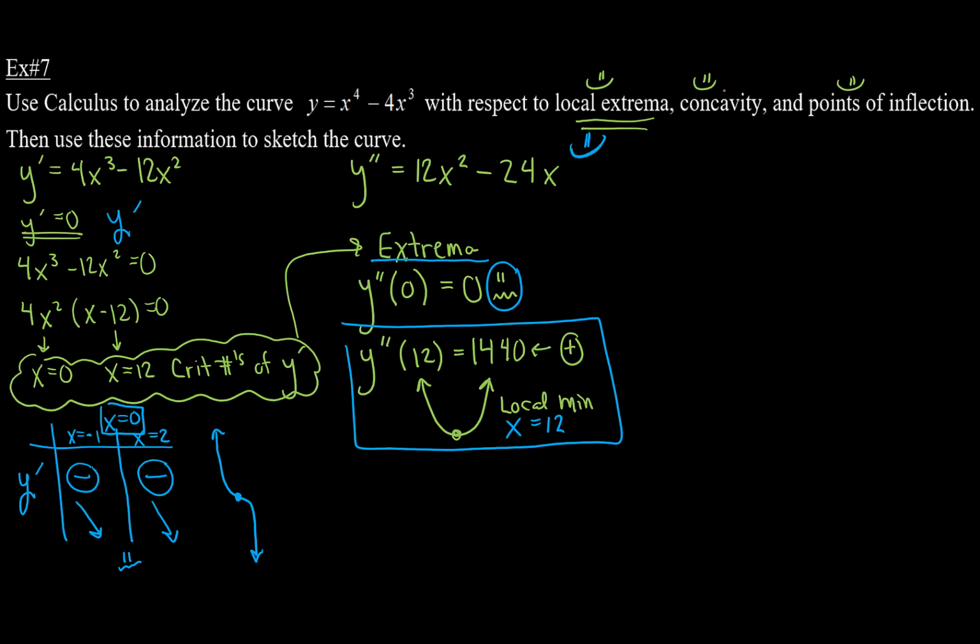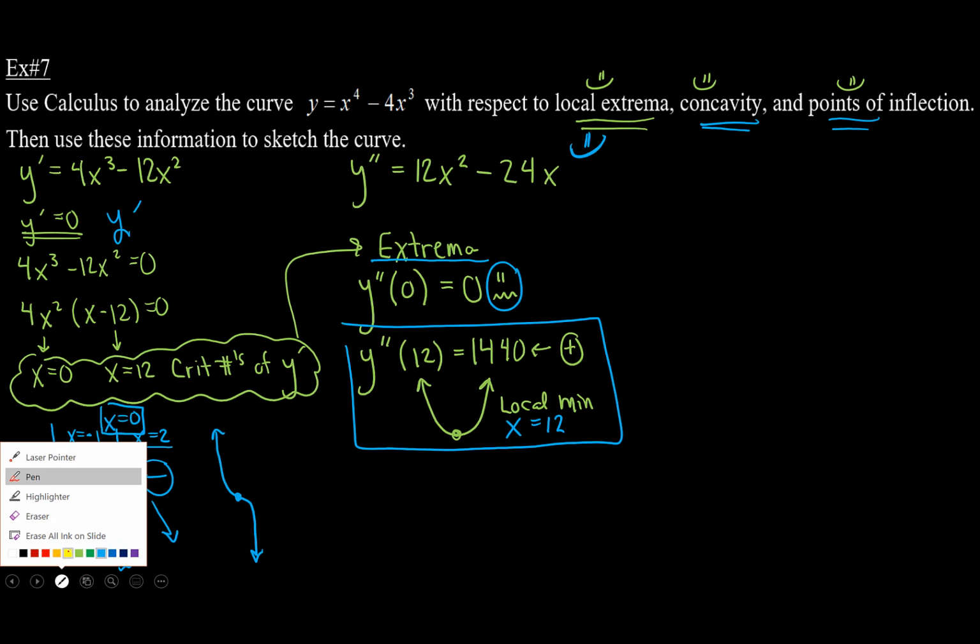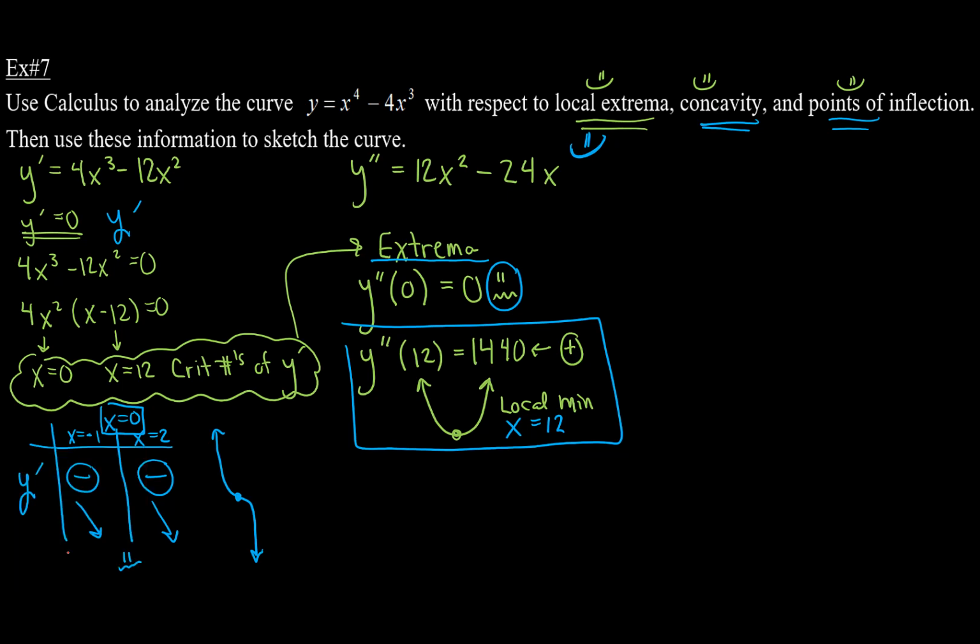All right. Let's take a look at concavity. In order to find concavity and points of inflection, I am going to have to find the critical numbers of y double prime. So I'm going to set it equal to 0 because it's a polynomial and I don't have to worry about where it doesn't exist.